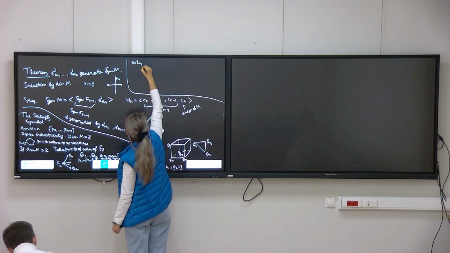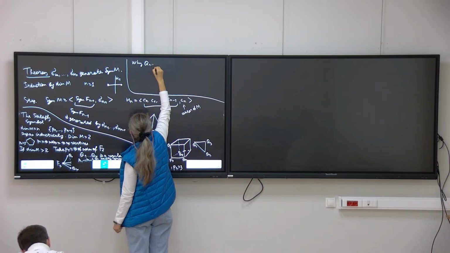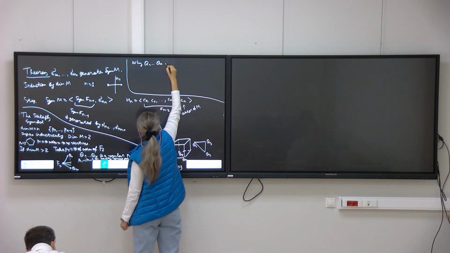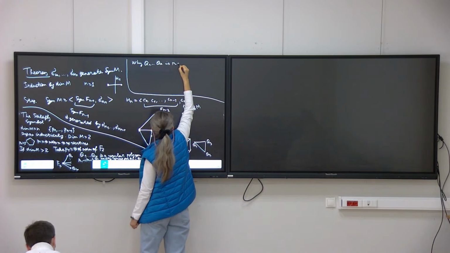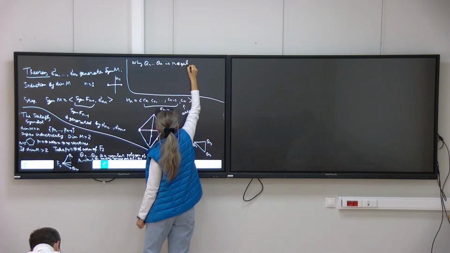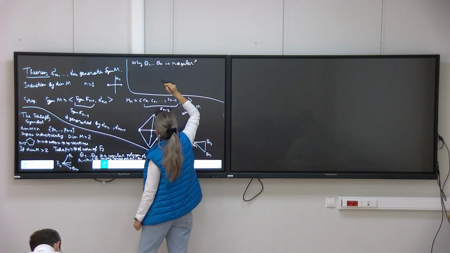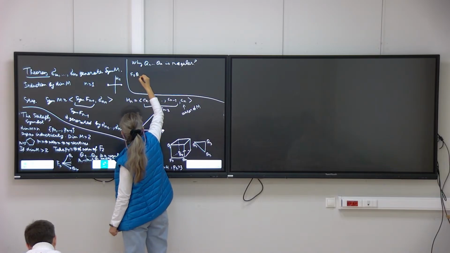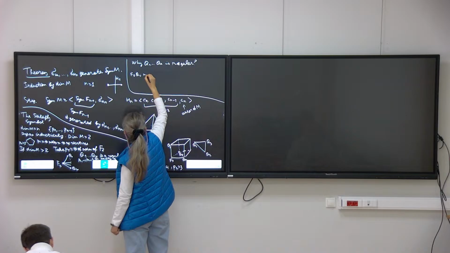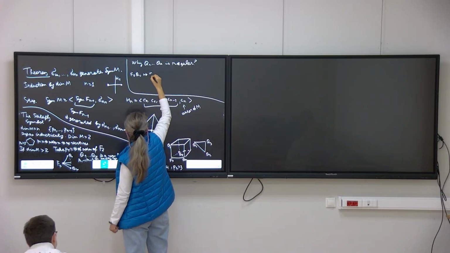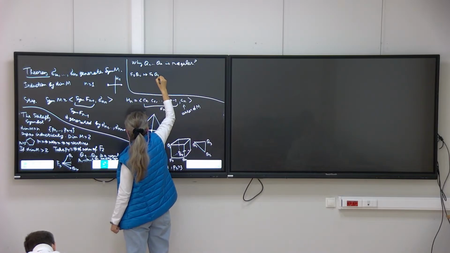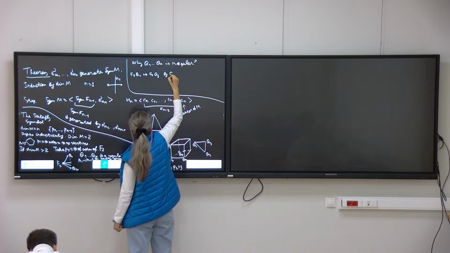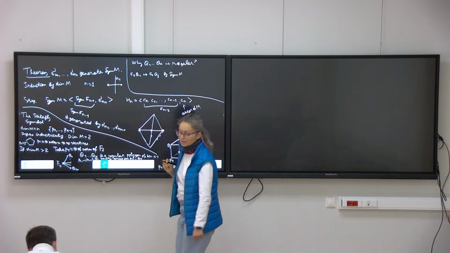So Q1 to Qk is regular. F0, Qi can be mapped to F0, Qj by Sym M. Okay?